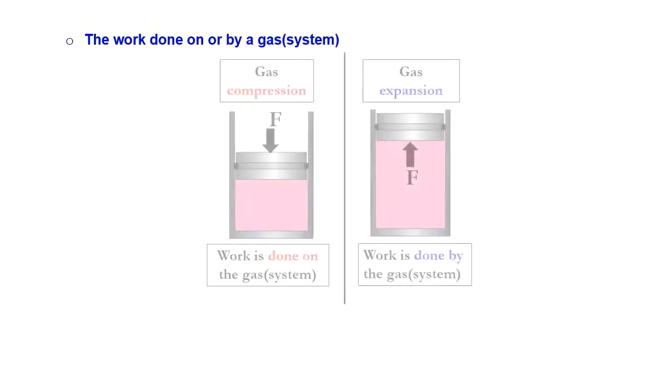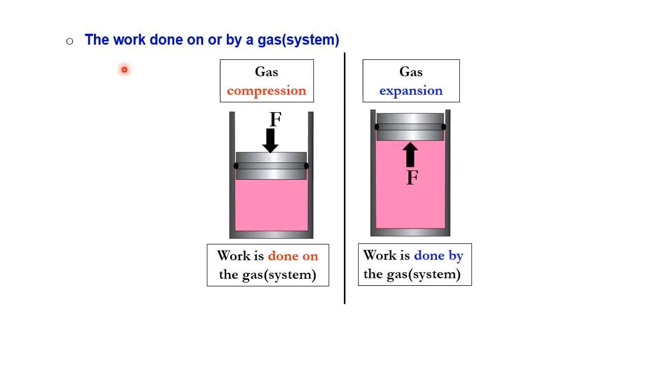Next, let's look in detail at work done on and work done by. For work done on the gas or on the system, the volume of the gas, as you can see here, decreases. When the volume decreases, the work is done on the system or on the gas.